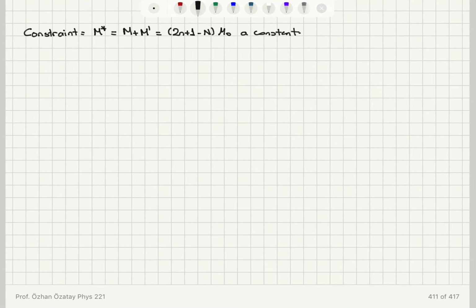So A is already up, so we're looking for in how many different ways can we choose n out of capital N moments.